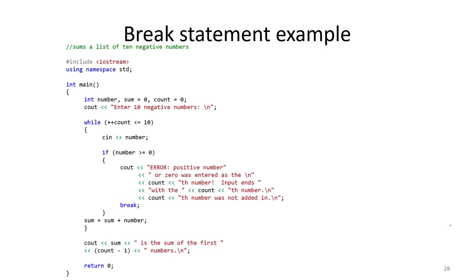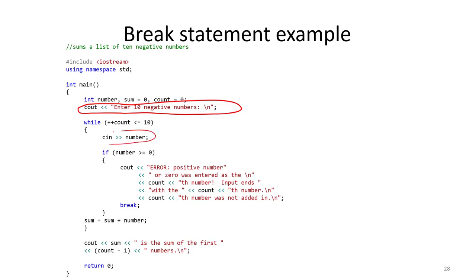First is a break statement. So here we have some code, and you can see we are going through and we're asking our user, enter 10 negative numbers. And so here we go ahead and we update our counting variable.